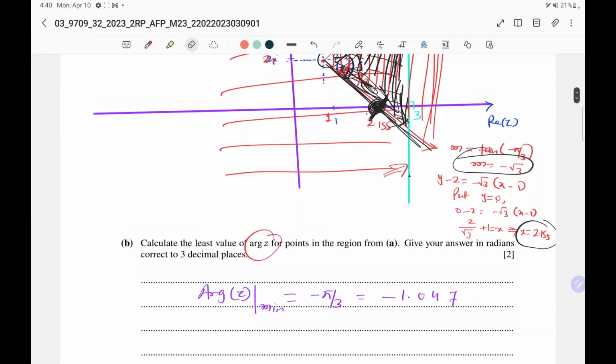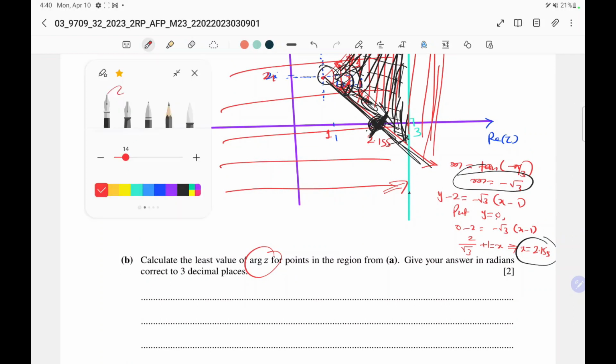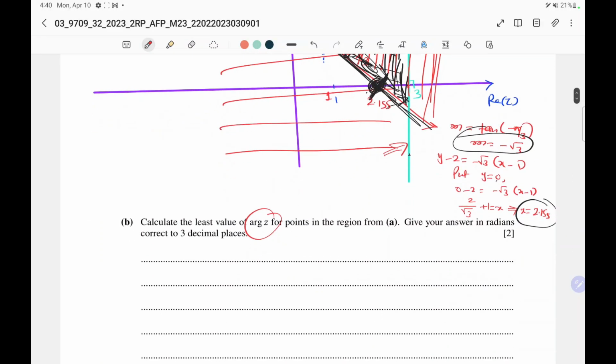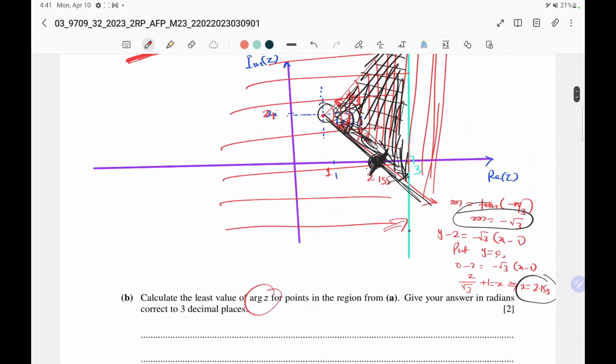Okay, so I think we need to calculate the least value of argument of z. So guys, let's check. If we consider one point over here, the argument of z is with respect to the origin.